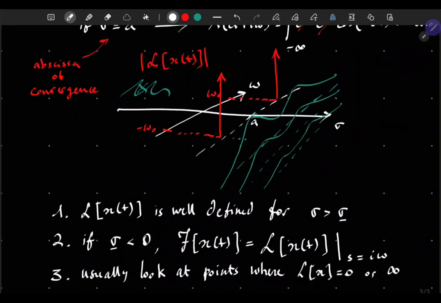And in this sense, we can use a synthetic representation of the Laplace transform, which looks like this. We can take the Gauss plane and just draw some axes where the poles are, so the points where the Laplace transform goes to infinity. In this case, they are just a complex conjugate pair at plus and minus i omega naught. And in general, we might also have some zeros for the Laplace transform, and they will be denoted by small circles on the Gauss plane.